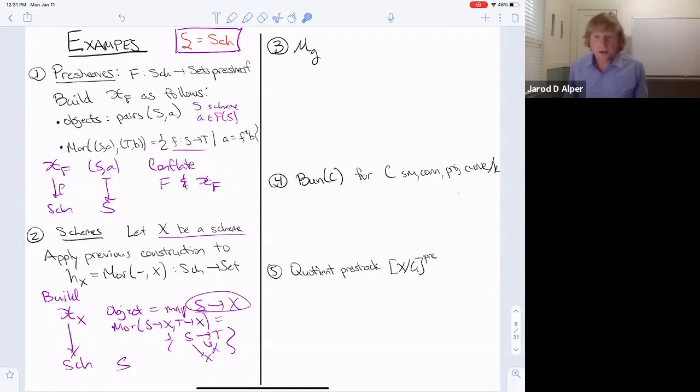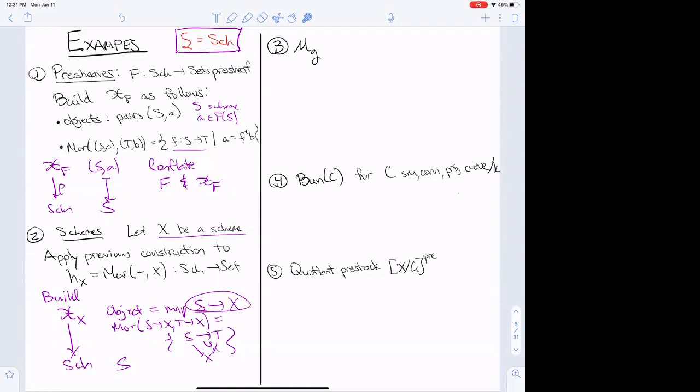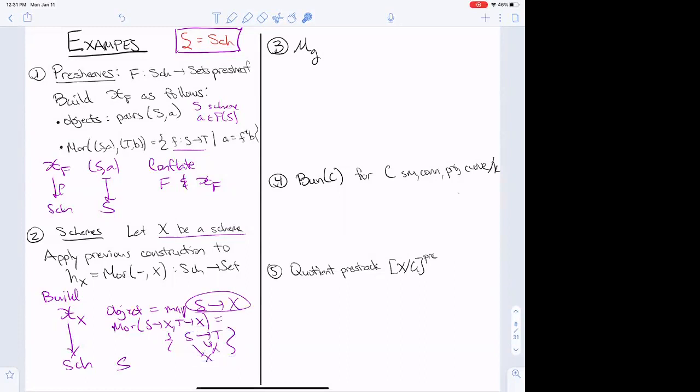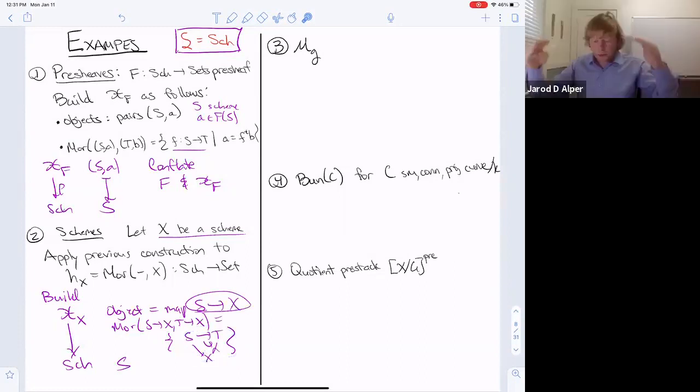In this projection functor, this is a morphism in the category X, and it projects to the map S to T. So the only morphisms over the identity are the identity, so to speak.